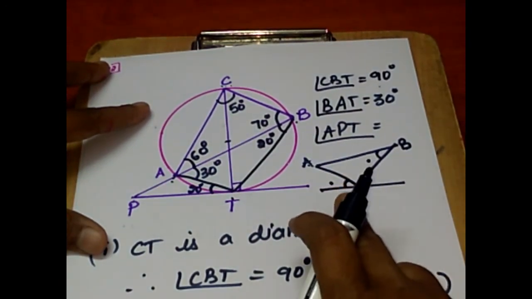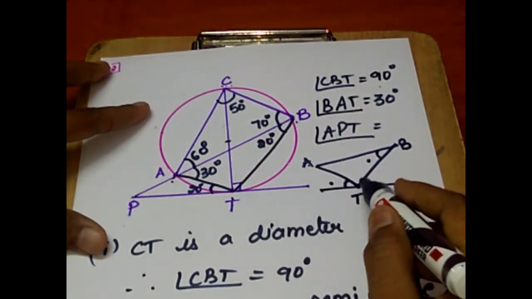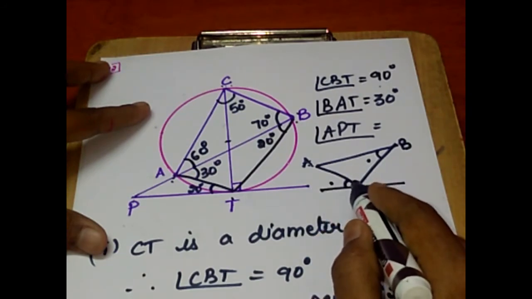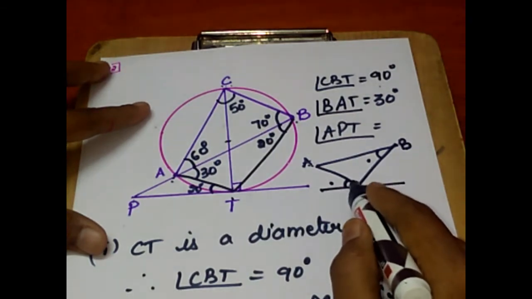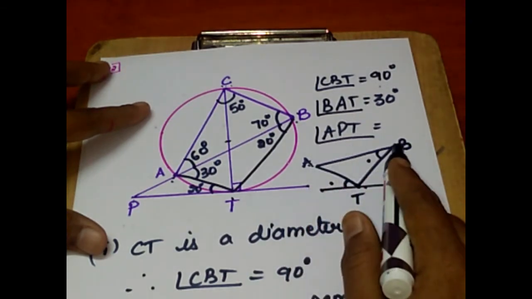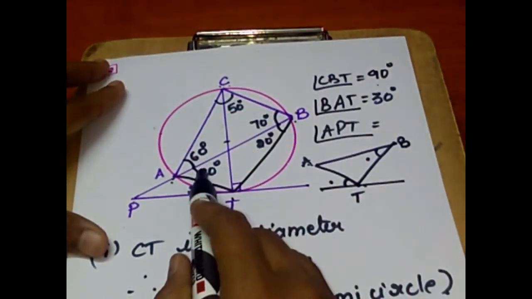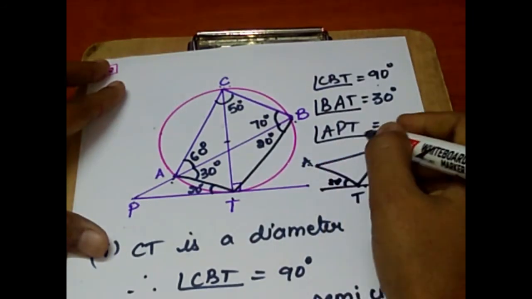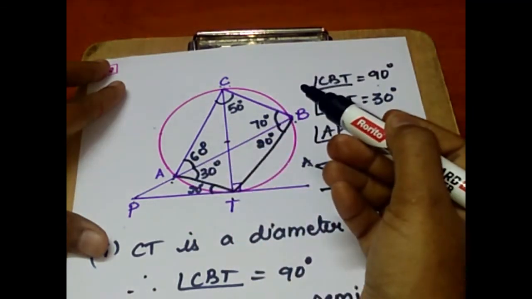This is very much important, children. By observing the diagram very carefully, you need to identify where is the chord and where is the intersection point of a tangent. The angle formed between the chord and the tangent is equal to the angle in the alternate segment. Now in this triangle we got this as 20 degree, and this line is extended so that it becomes an exterior angle.